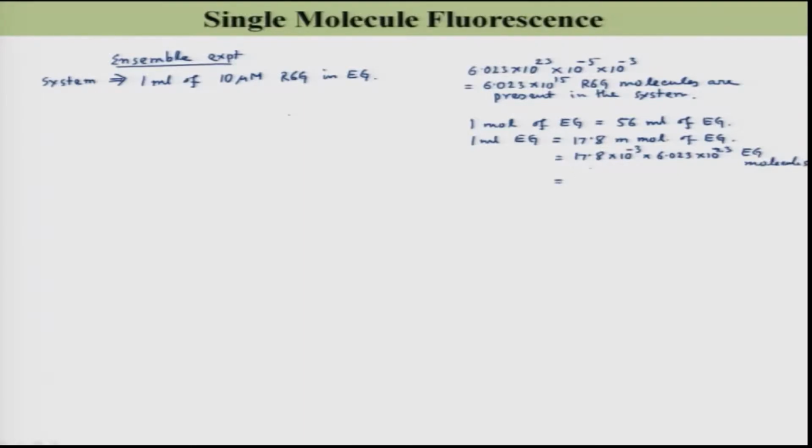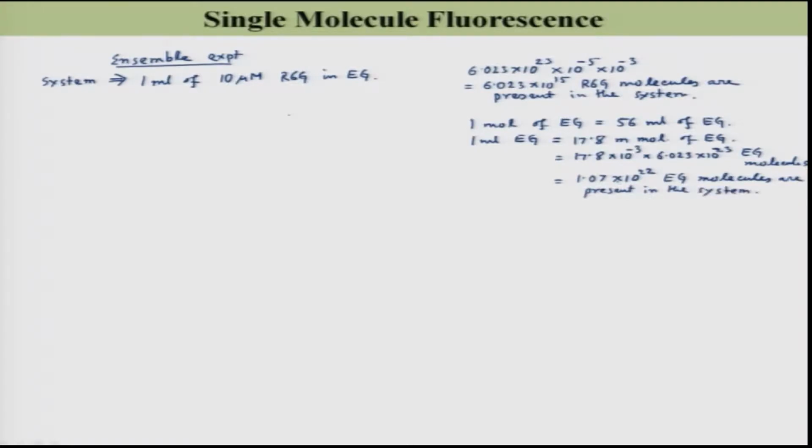If you do that, this will be equal to 1.07 into 10 to the power 22 EG molecules are present in the system.